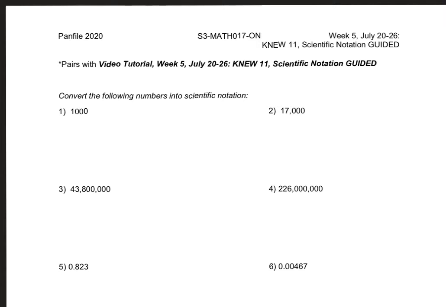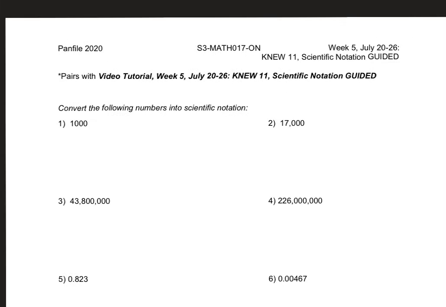Kind of stuffy, there's rules, there's regulations, there's things that you have to do that have no rhyme or reason other than it's the way it has to be done. So what scientific notation looks like is the number has to be between 1 and 10.